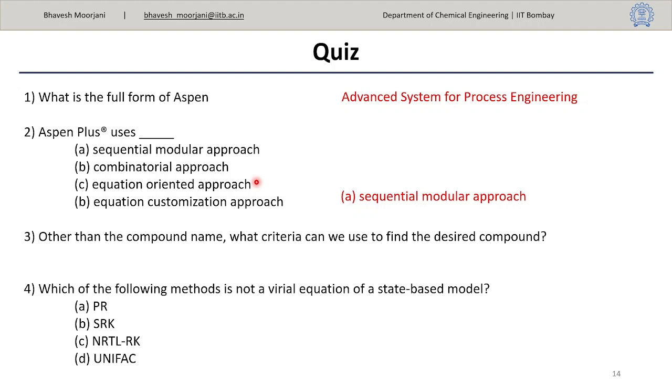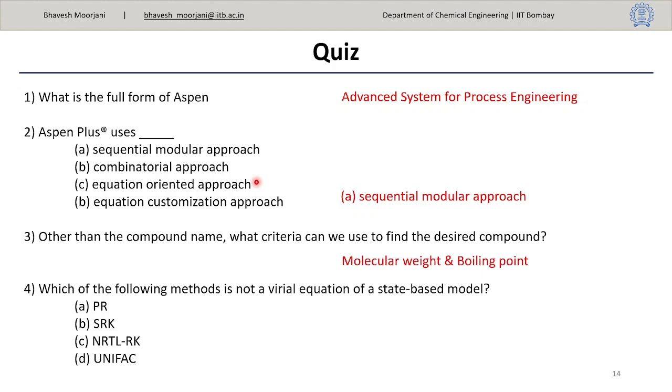Contain and begin with is again related to the compound name, but apart from that, there were 2 properties for which we can provide a range. One was molecular weight, and can you remember the other one? Boiling point. Yes, so that's molecular weight and the boiling point.